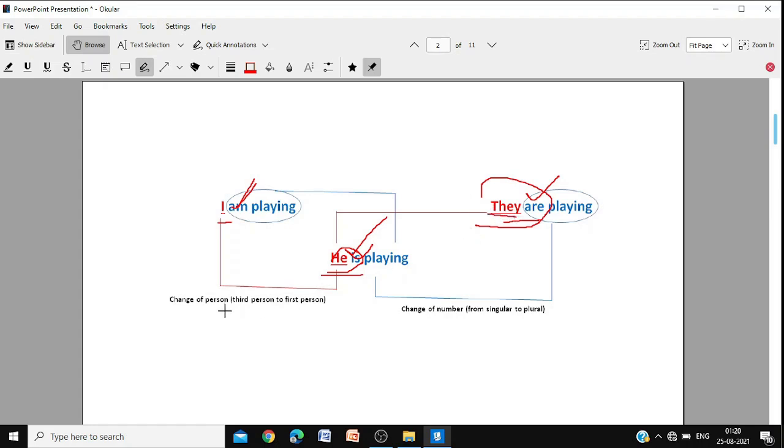So a change of person or a change of number, either from singular to plural, or from first person to second person to third person, changes the verb. Am playing to is playing to are playing. Subject and verb change simultaneously. You have to change the verb if you change the subject.